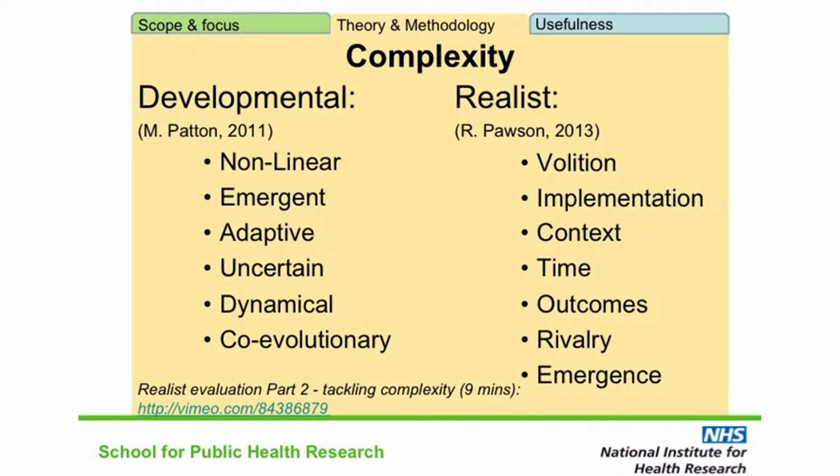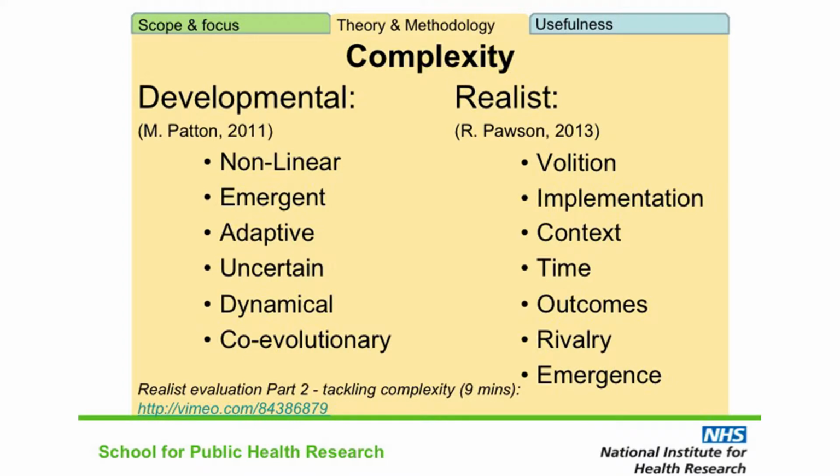There's a link here to a video of Ray Pawson talking about the complexity elements in realist evaluation, which are volition, that's the choice architecture within a program, so it's the decisions that people can and can't make within that program. It's concerned with the implementation, understanding the implementation chains, so what needs to happen first before other things happen, and how they lead to specific outcomes.